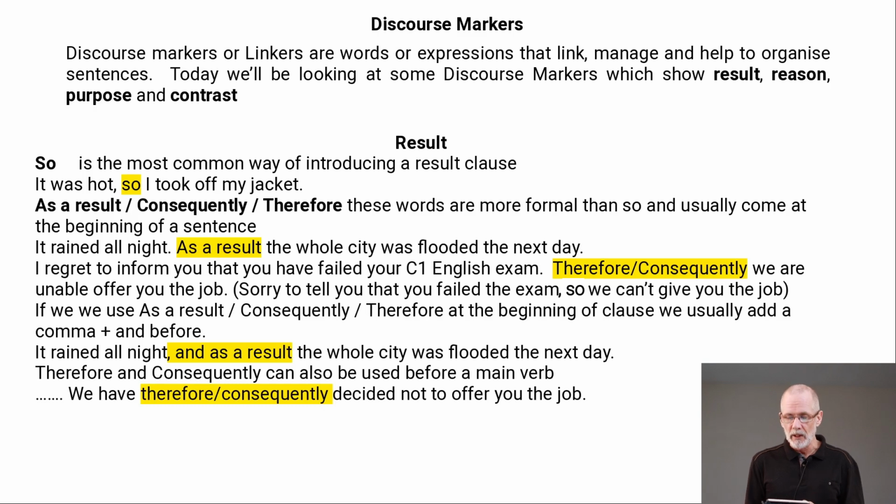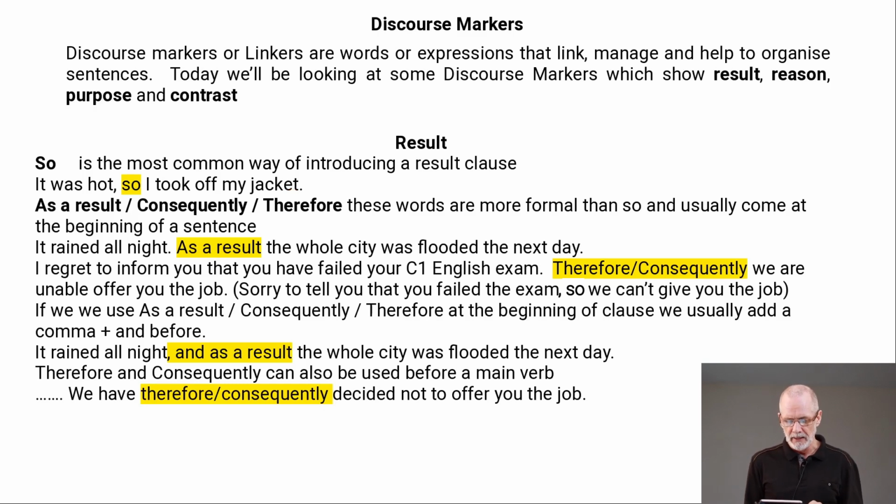Okay, let's begin with result. And so is the most common way of introducing a result clause. Example: it was hot, so I took off my jacket. In this sentence we have two clauses.